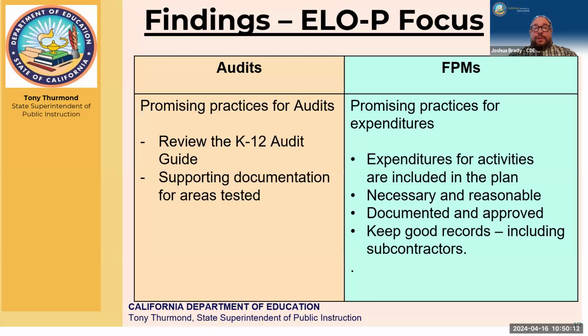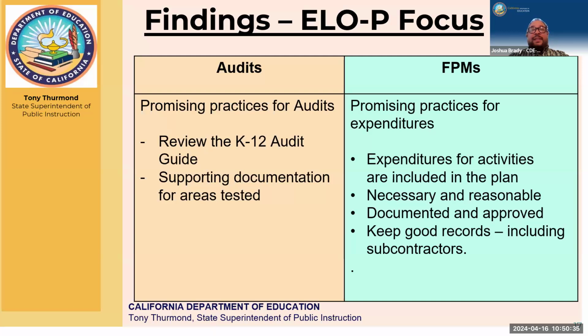Yeah, and again, promising practices for expenditures for ELO-P. Ensure that the expenditures are for activities included in the plan, and that it's for expanded learning. Make sure that the expenditures and costs are necessary and reasonable. You have a process for documented approvals. Keeping good records, including subcontractors.